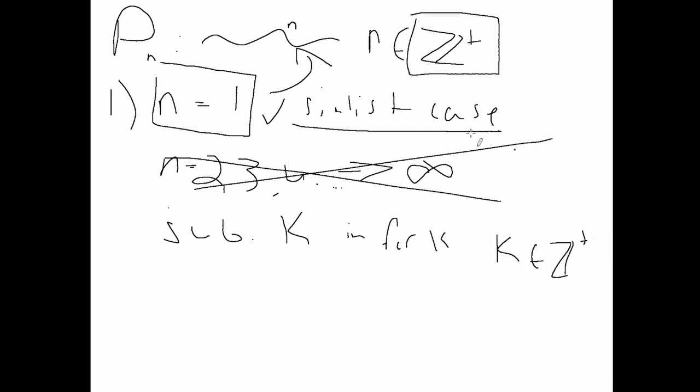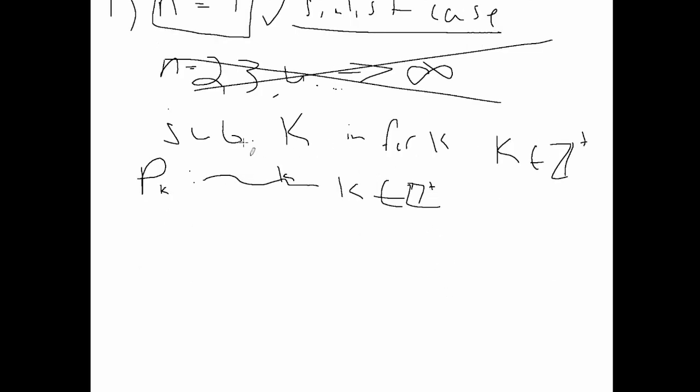K can be anything, but it doesn't equal n. So we do P sub k, this statement with k as the variable, with k in the set of all positive integers. And the important realization is that we assume this value to be true. We assume P of k to be true.